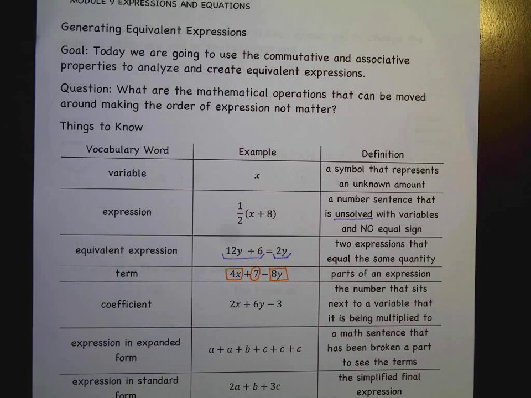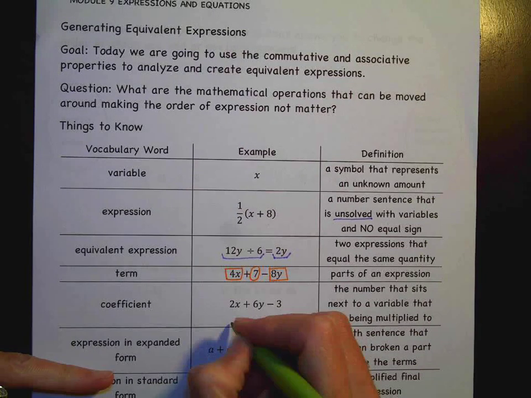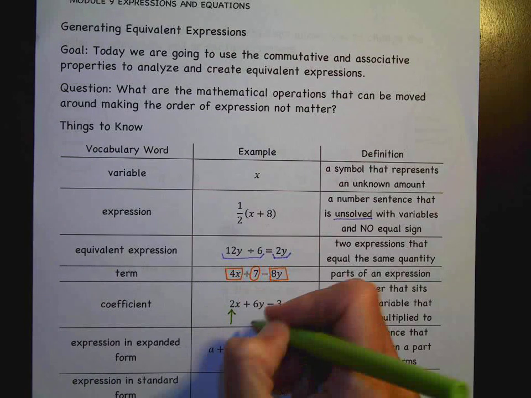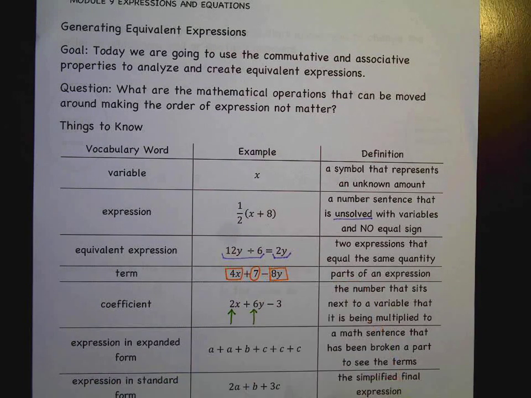Coefficient. A coefficient is the number that tells how many of the variable that you have. What we call that is the number that is being multiplied by the variable. The number that sits next to the variable that is being multiplied to. So the coefficient in this example is 2, because it is the number sitting next to the variable, and 6, because it is the number sitting next to the variable.